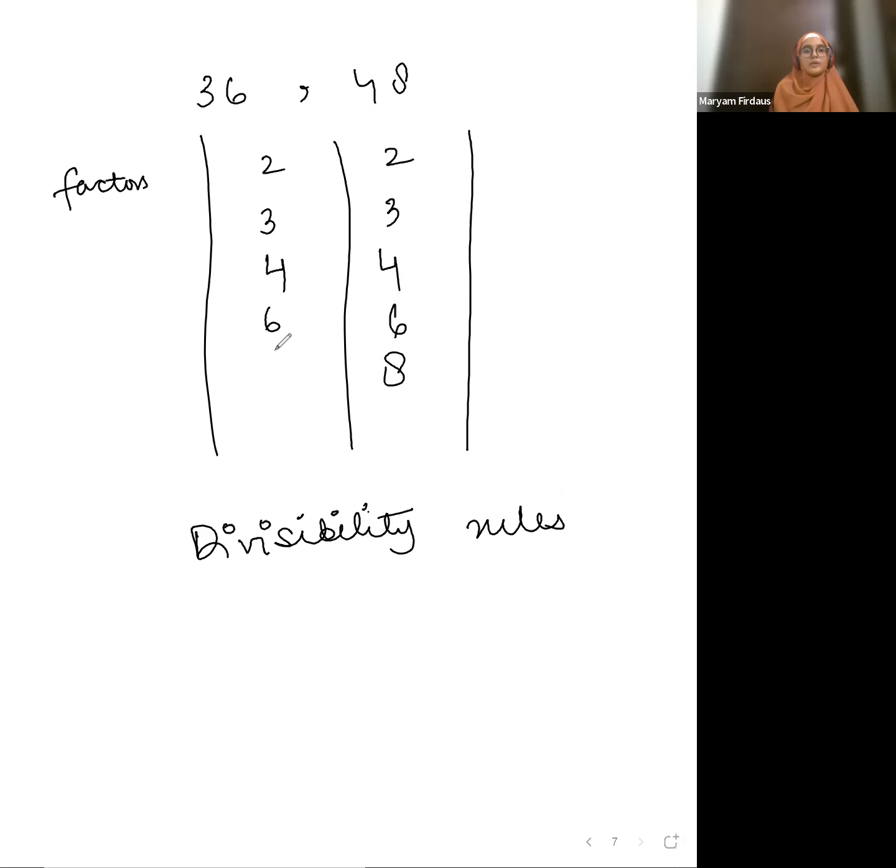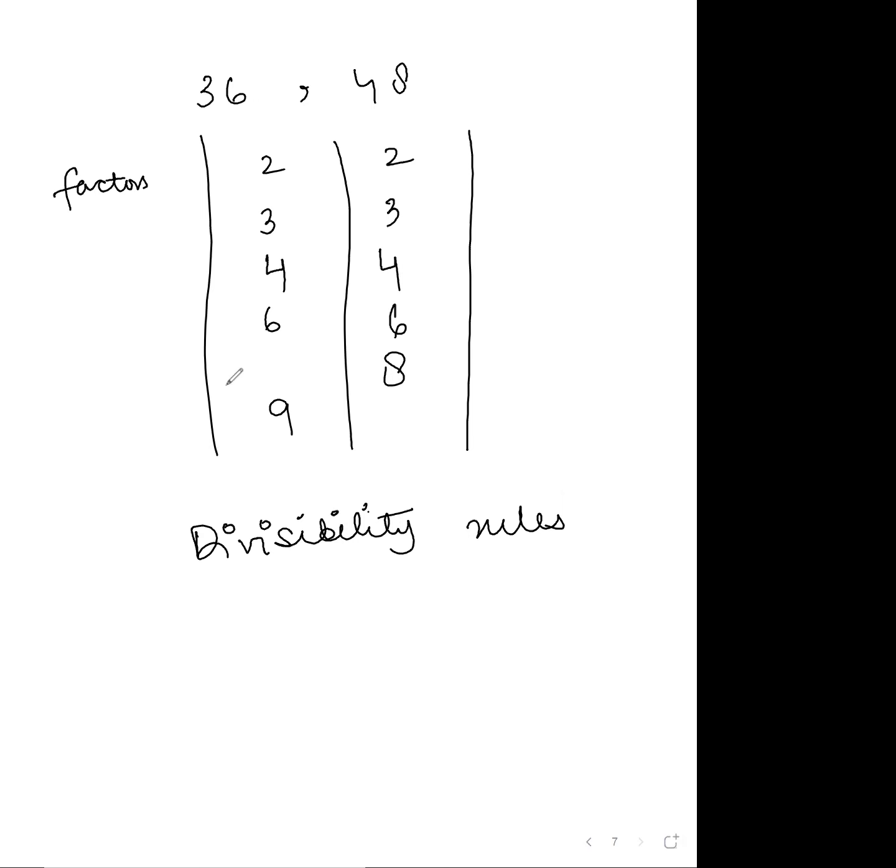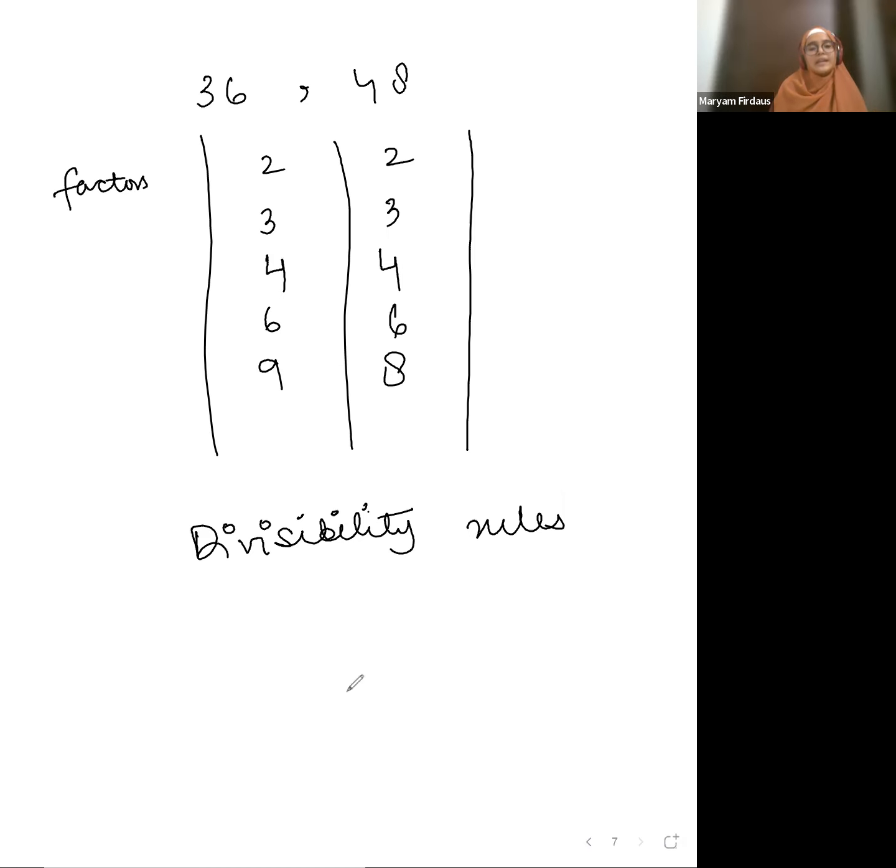Okay. So then there's a few other factors also. I'm not going to write them all here. Wait. How do we know if it is divisible by 9? Okay. The divisibility rule for 9 is that you add all of the digits. What are you doing in 3?